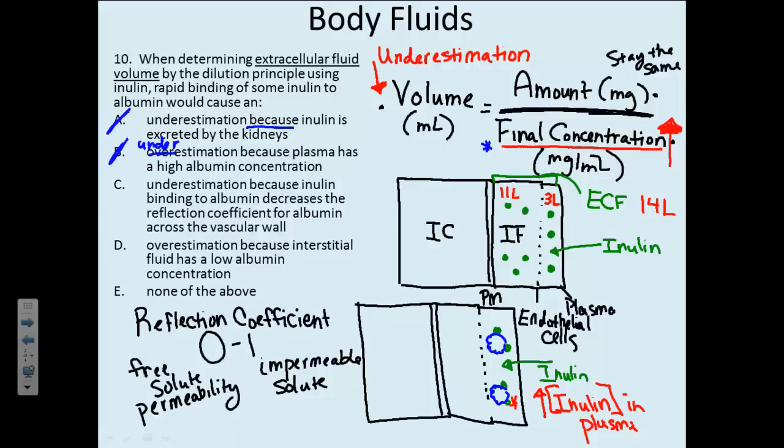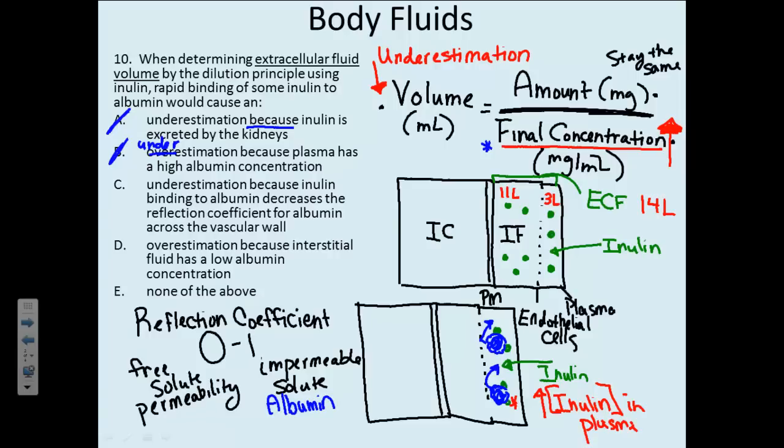So if we go back over down here to the right-hand side and we were looking at our albumin, which was down here in blue, what we saw is it was an impermeable solute. It's not able to cross those endothelial cells' clefts very easily. So what we're seeing is albumin already sits right at 1.